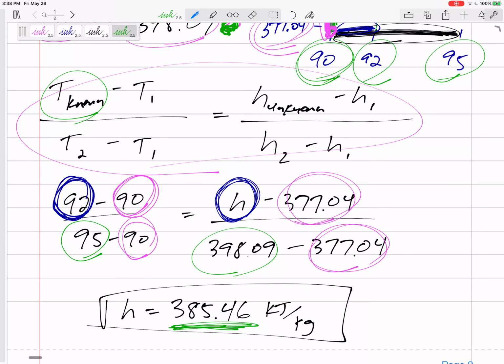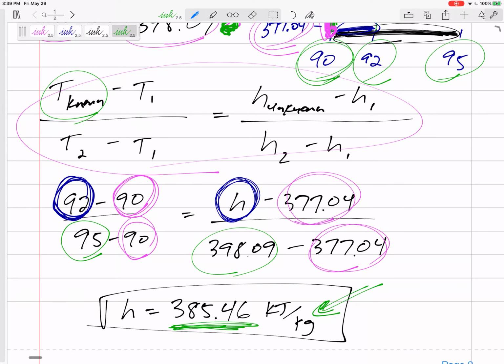You've got to be able to interpolate, and do it pretty quickly, because that's not the big part of the problem. The big part of the problem is taking this and multiplying it times the mass, or if this was specific volume, multiplying it times the mass to get the total volume, things like that.